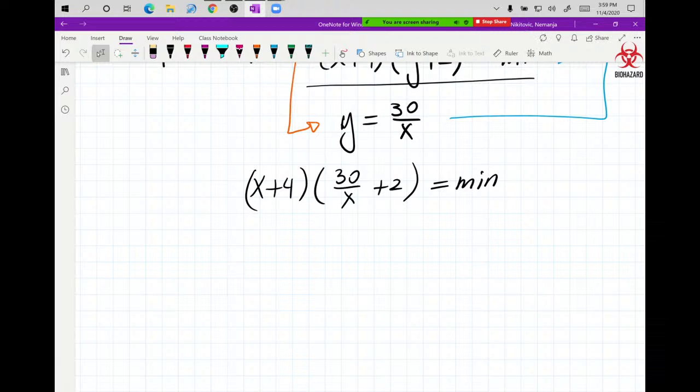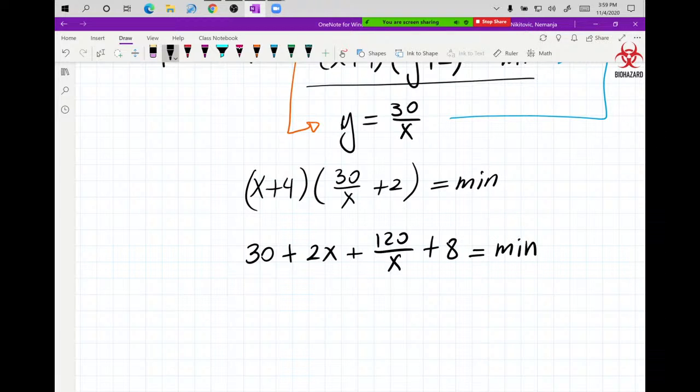Now, FOIL, derivative, and victory. So x times 30 over x, the x's cancel, that's just 30, plus 2x, plus 120 over x, plus 8, equals the minimum. I'm not going to bother simplifying because when I hit the derivative, 30 plus 8 are both going to go.